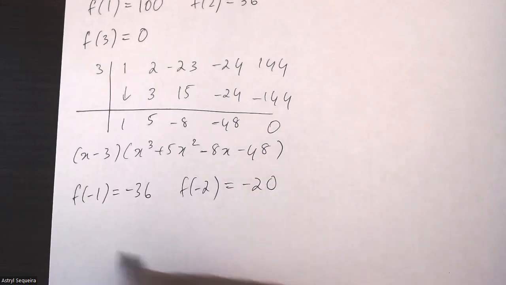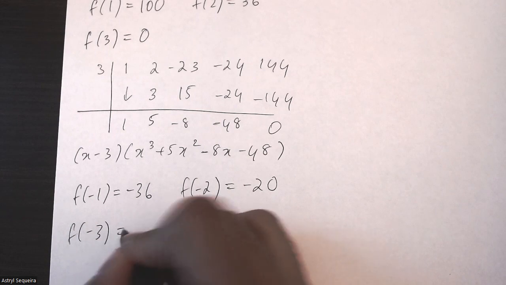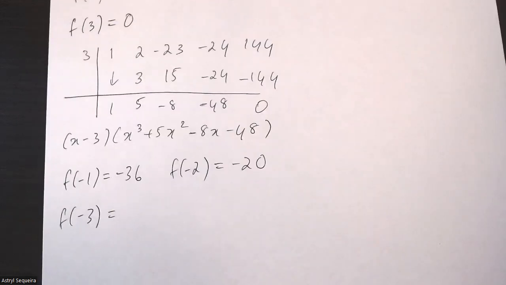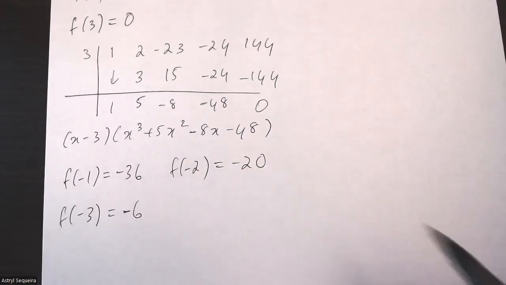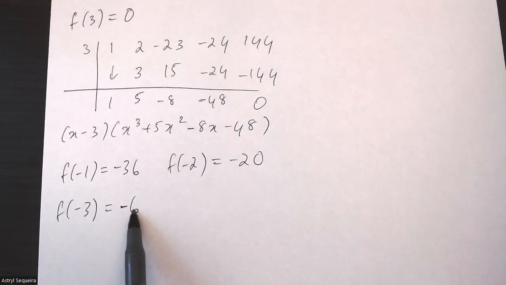Negative 20 doesn't work either. Let's try negative 3. Negative 6. So none of these are working, but as I notice, I'm getting closer to 0.